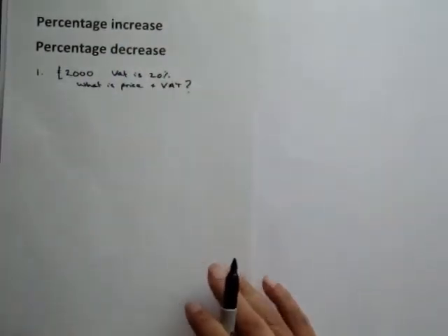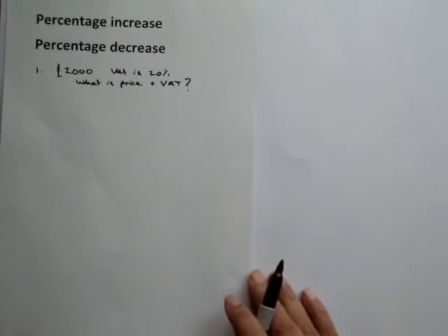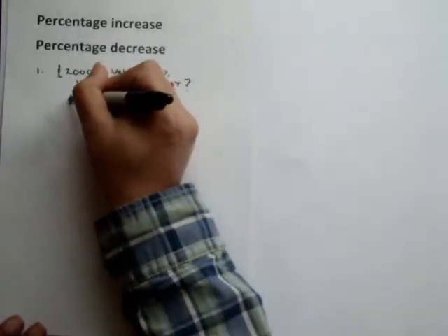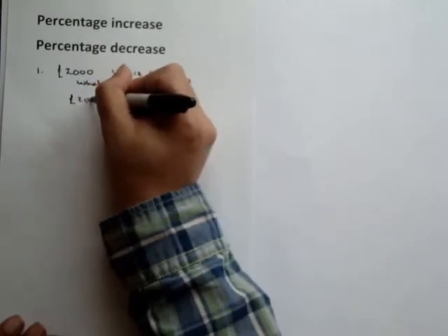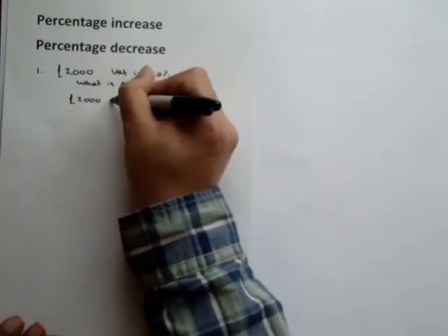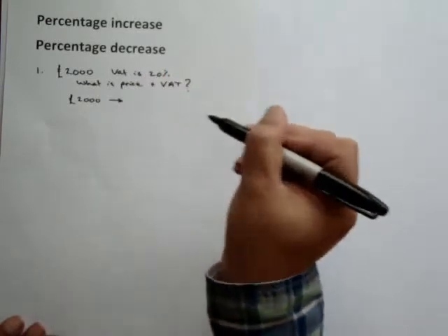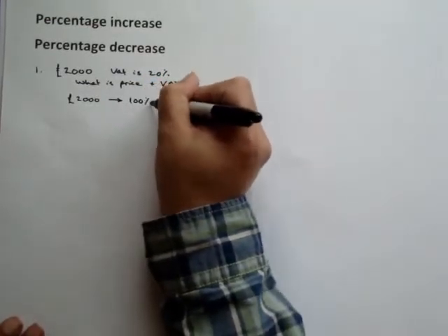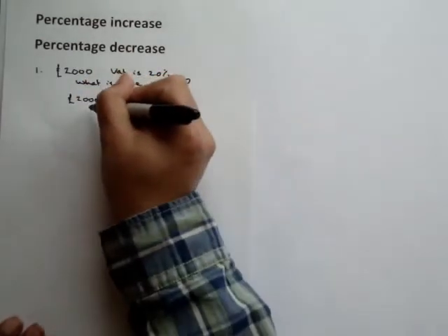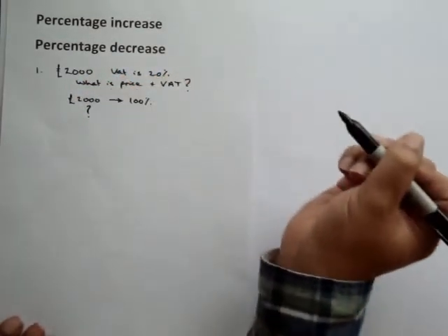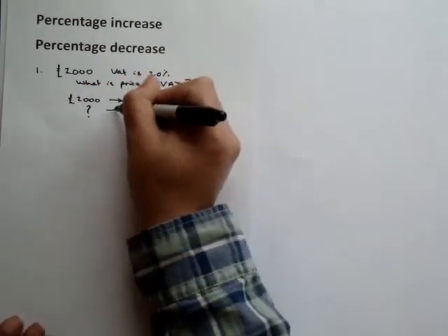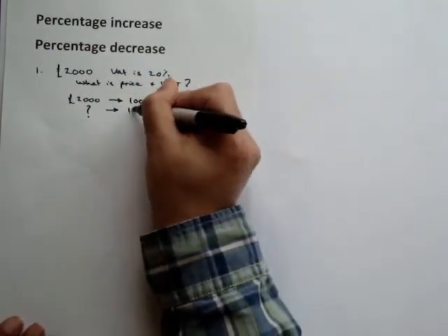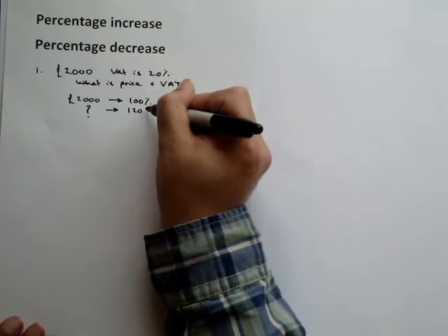Okay, so how we set up this ratio is we say the £2,000 is our 100%, and then we want to know what the new price will be, and the new price is going to be the 100% plus 20, which is 120%.